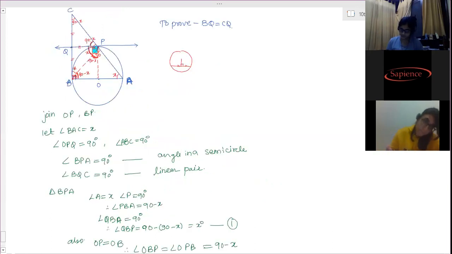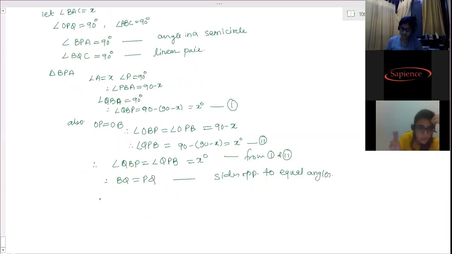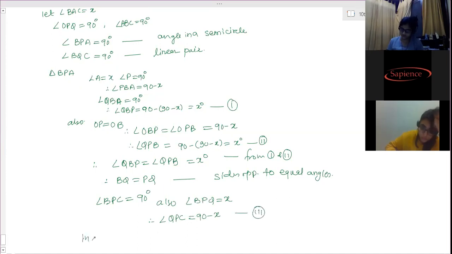Then further, angle BPC is equal to 90. Also angle BPQ is equal to x. Therefore angle QPC is equal to 90 minus x. In triangle ABC, angle B is 90, angle A is equal to x.